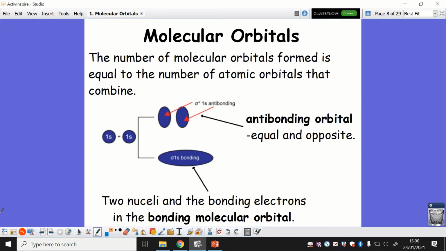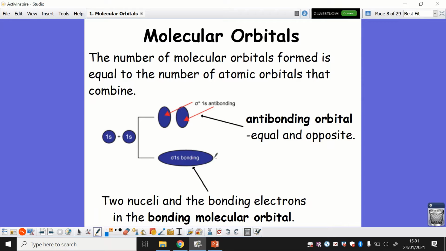Let's continue to look at that combining of two 1s orbitals. And I want you to look at this statement that's written at the top. The number of molecular orbitals formed is equal to the number of atomic orbitals that combine. Now, we're combining two atomic orbitals to make one bonding molecular orbital. Quantum mechanics dictates that there must be an opposite effect of that combining of the atomic orbitals.